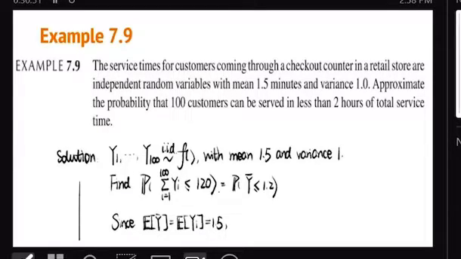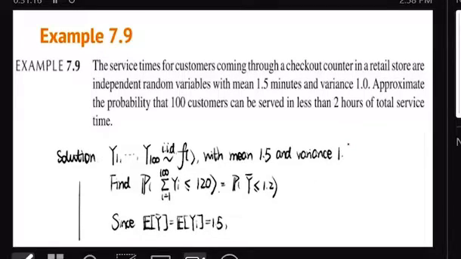Approximate the probability that 100 customers can be served in less than 2 hours of total service time. If you take a look at this question, this is centered on the sum of random variables, not on the mean. I told you the other time, the idea of central limit theorem can be used for the sample mean and also for the sum of random variables.